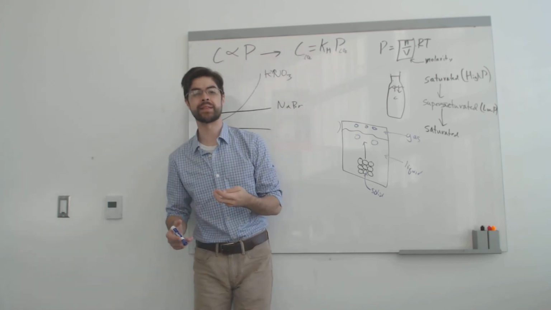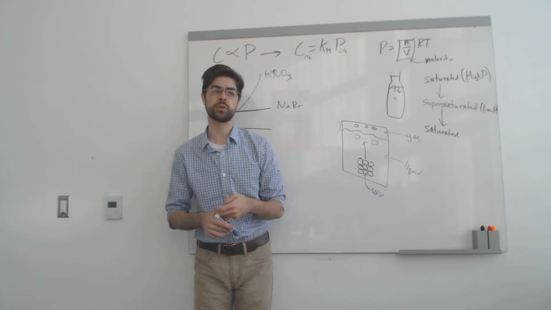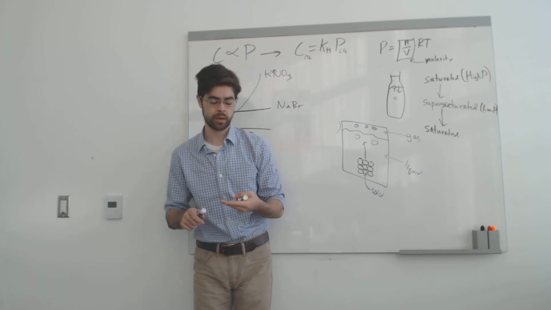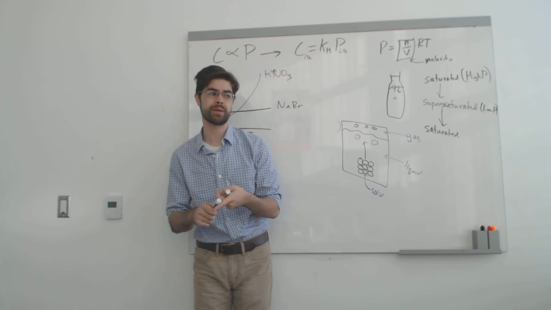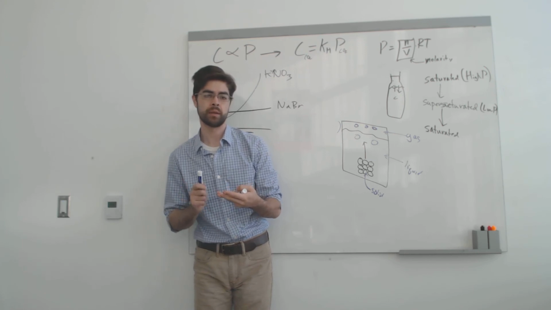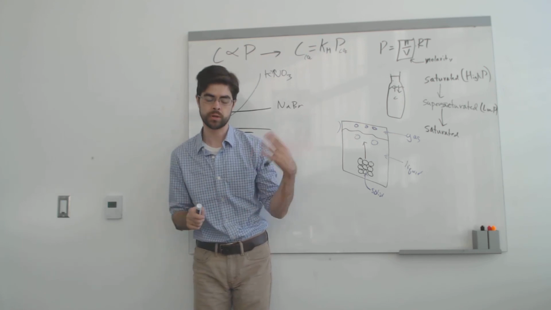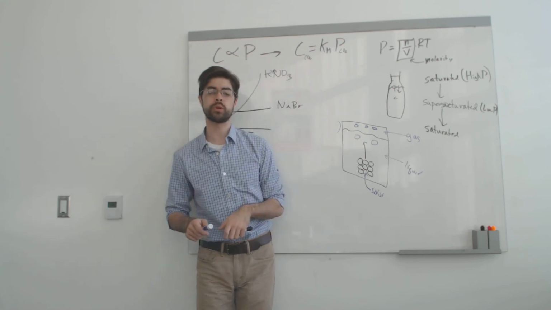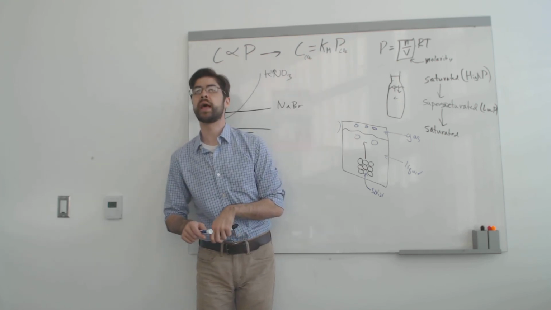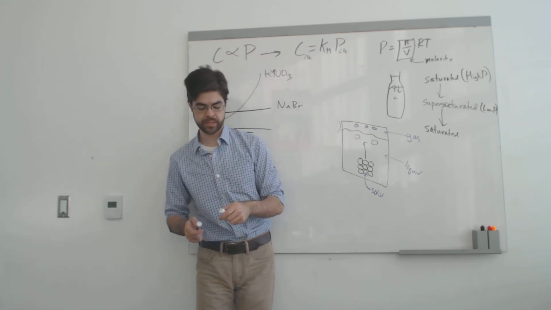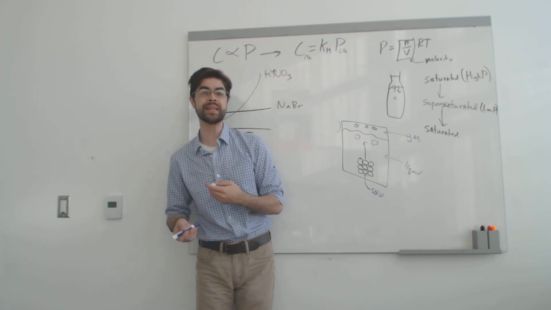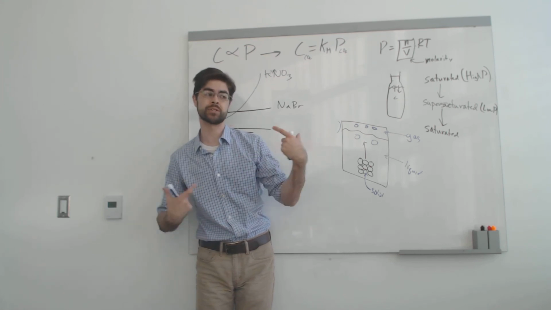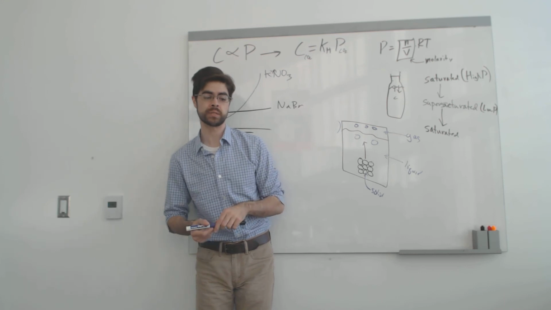So you have seen that there are multiple units for pressure: atmospheres, pascals, millimeters of mercury, torr, and so on. And there are multiple units for concentration. All I will say about the Henry's law constant is that its units need to be consistent with the units of the other species.